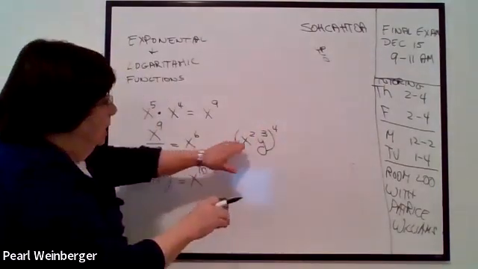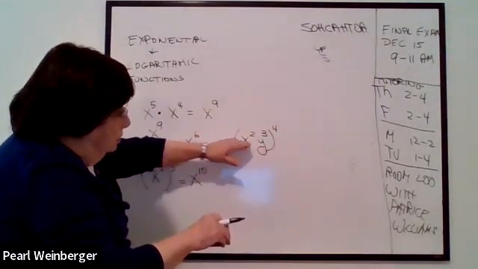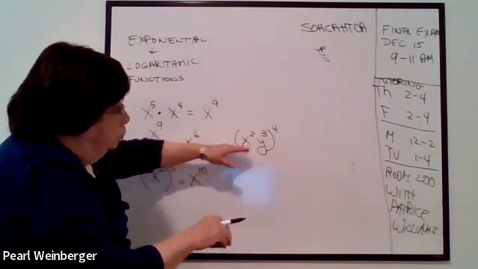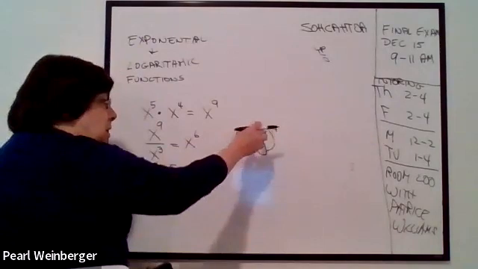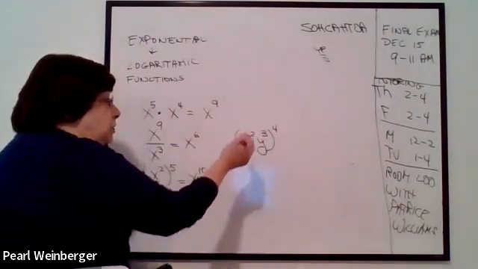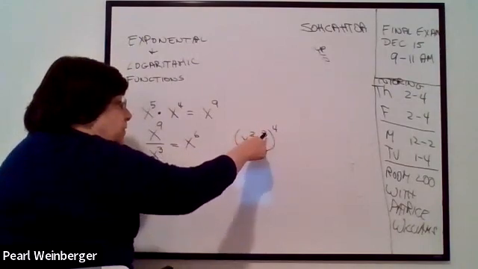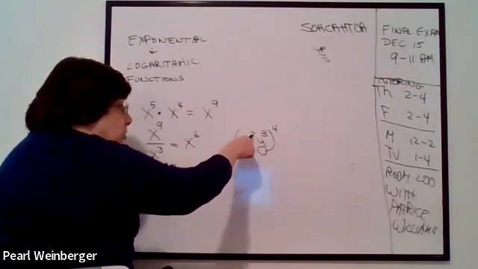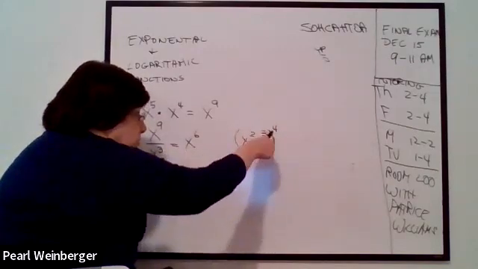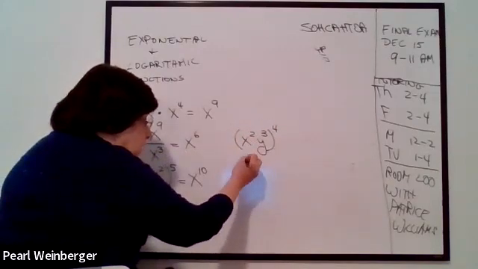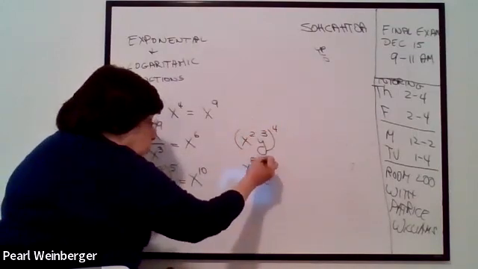In other words, you have an expression that's the product of two different numbers, the bases are different, and together they have an exponent. What you do is you distribute that exponent to both of the numbers. In other words, you're going to do the x squared to the 4th, which will give you x to the 8th, and the y cubed to the 4th, which will give you y to the 12th.